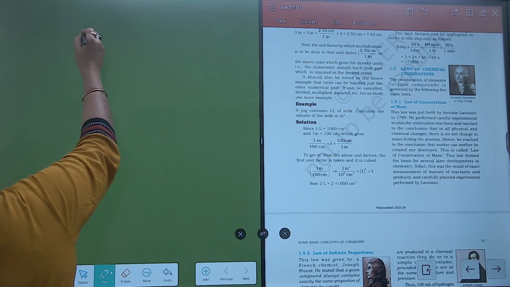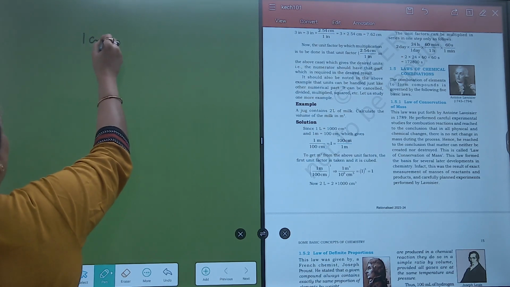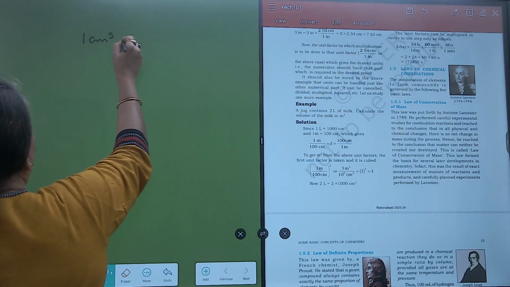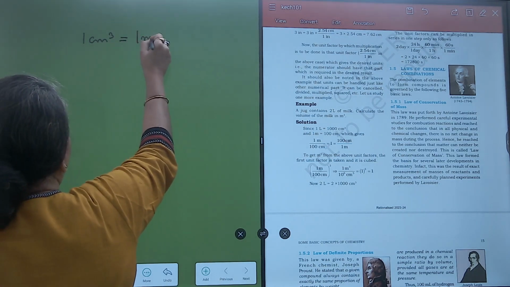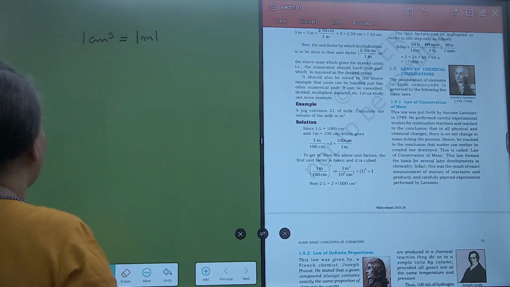See, 1 centimeter cube is equal to 1 milliliter. Okay.